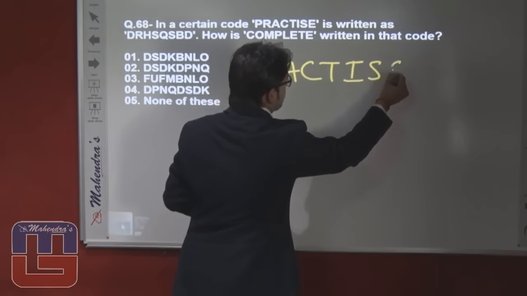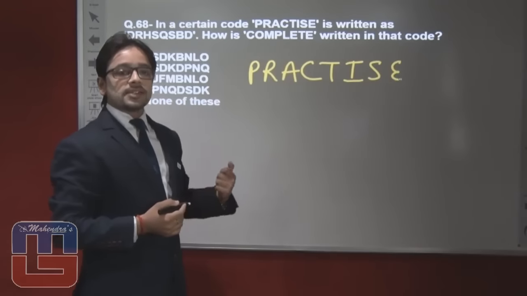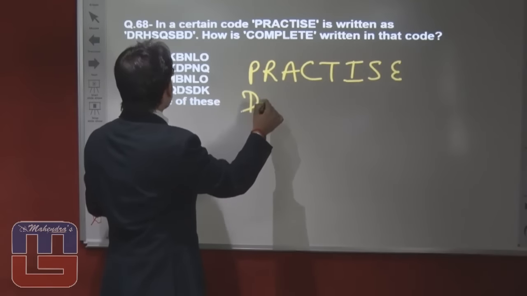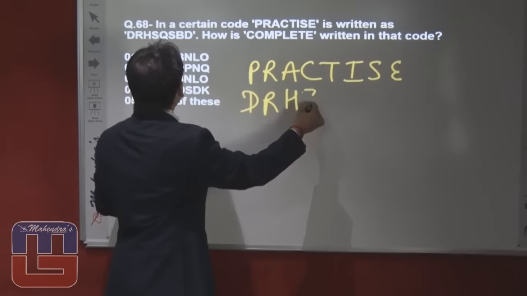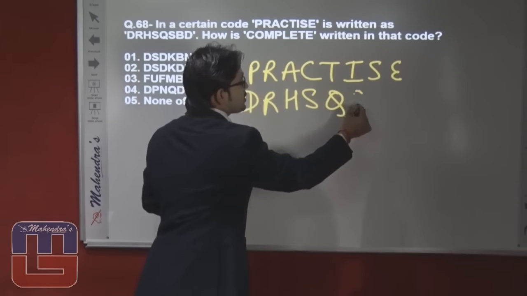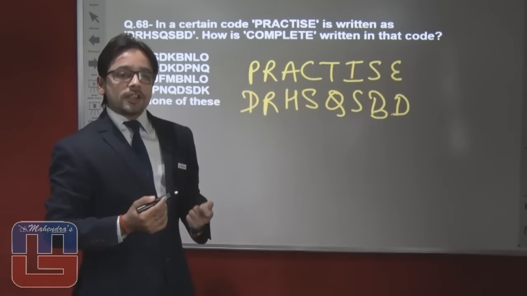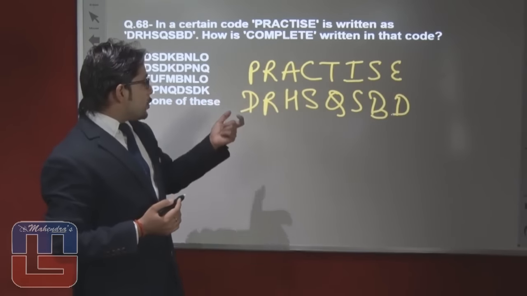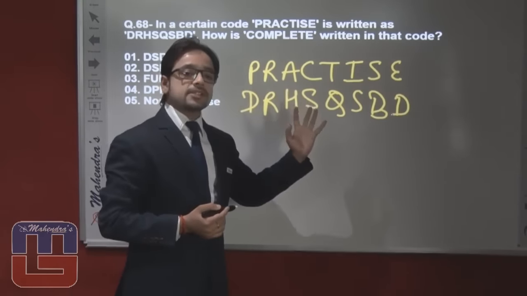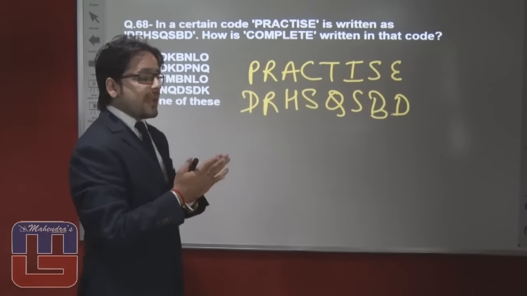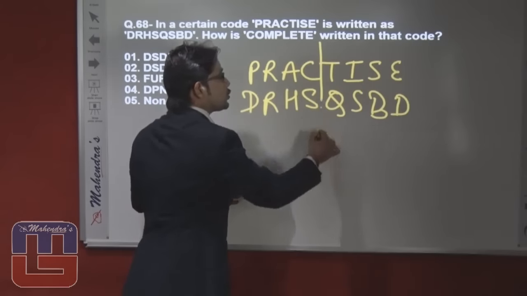Question is practice and the code is written as DRHSQSB. First shortcut of this question is, as you can see here, 8 letters means the series is big. So first break it into 2 parts, that is 4:4.